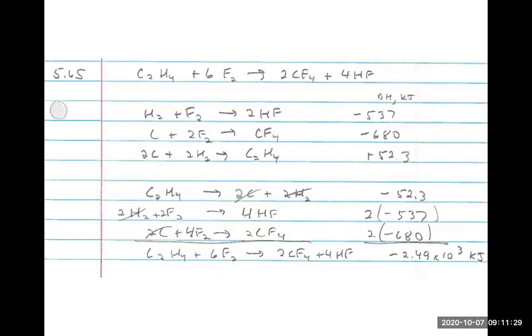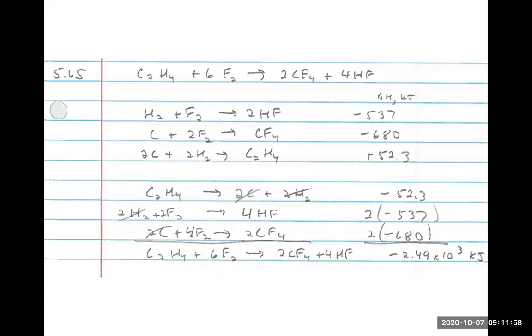Okay, so let's look at 5.65. This is an example of the type of calculations you would use Hess's law for. Remember, we said Hess's law, if we know individual steps along the way, we can use those delta H's to get what it is for the whole reaction.